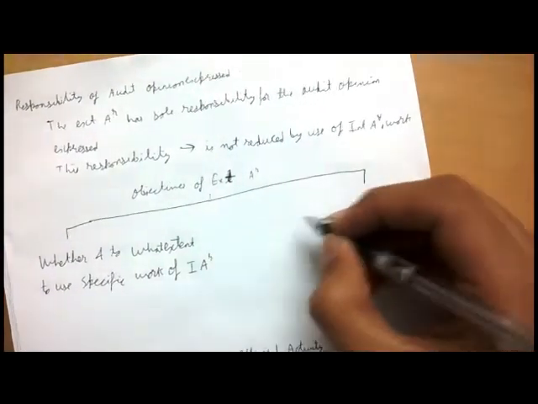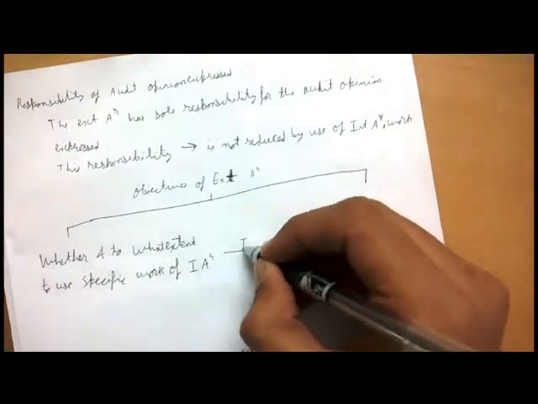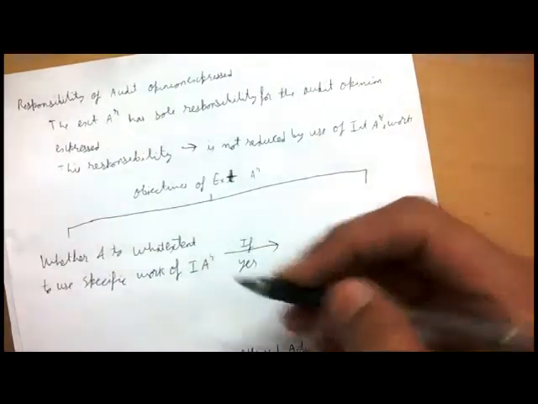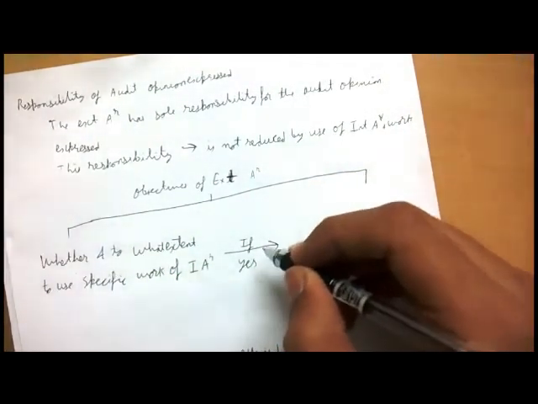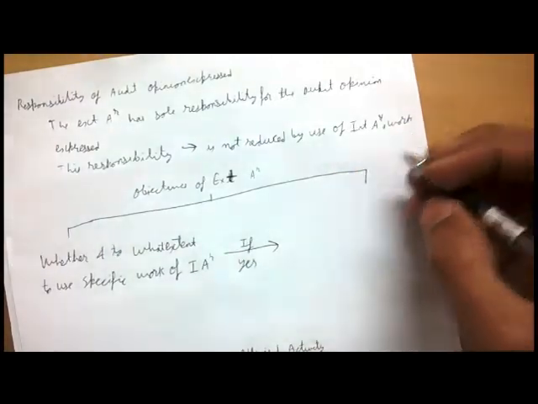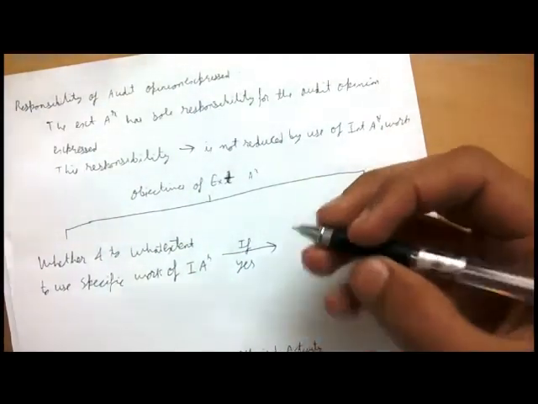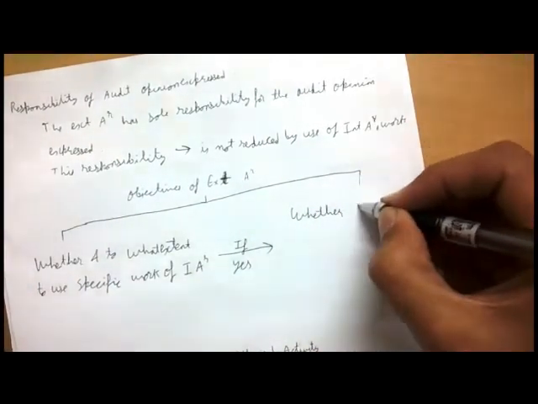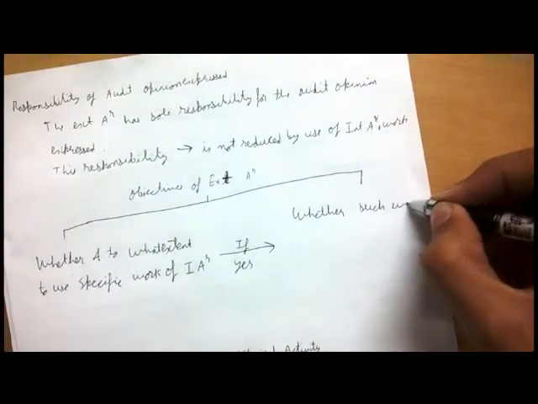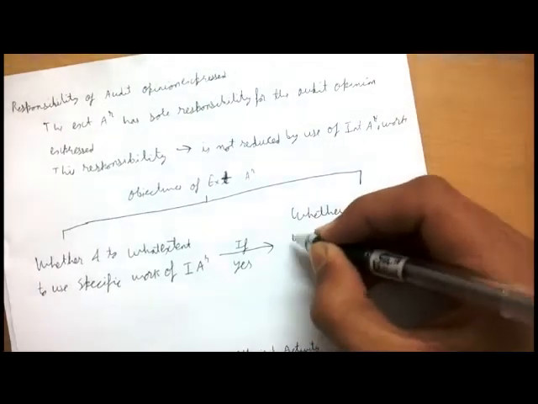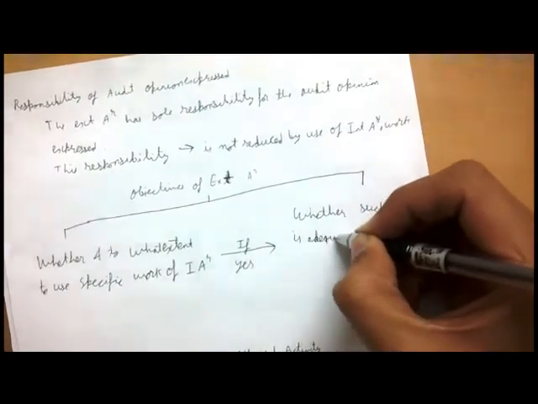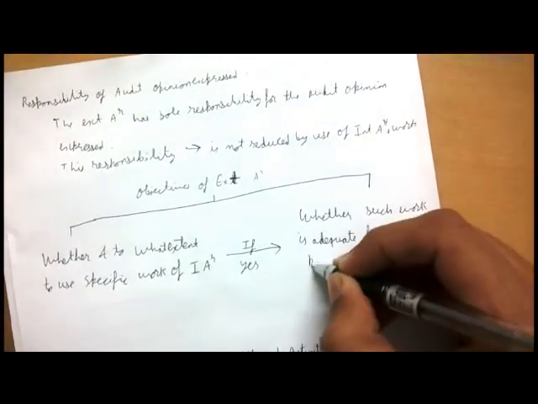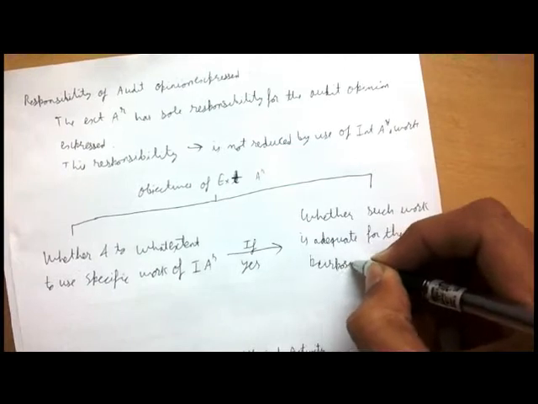So if yes, he has to use it, and to what extent. If yes means that he has to use the work of the internal auditor, then he has to decide whether such work is adequate for the purpose of the audit.